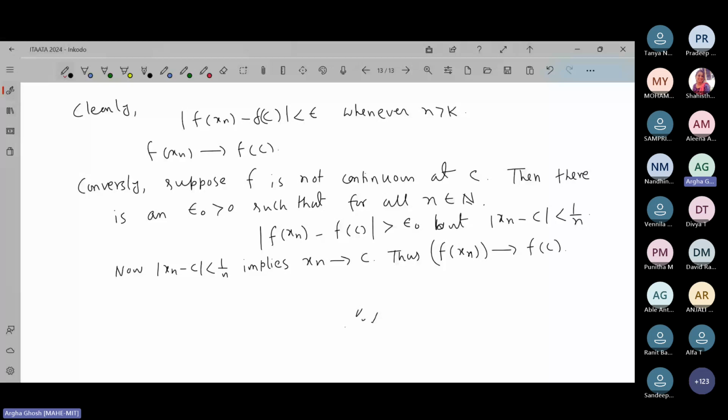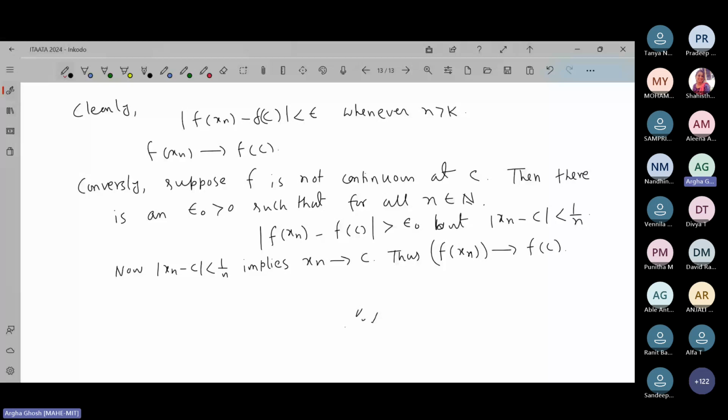So what was our condition? If we have a sequence xn converges to c, then f of xn should converge to f of c. Now we have a sequence xn converges to c. So by assumption, f of xn should converge to f of c. Now you can see that this is not so, because |f of xn minus f of c| is greater than epsilon naught.